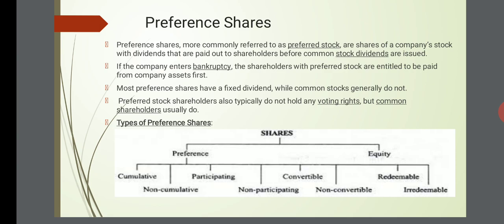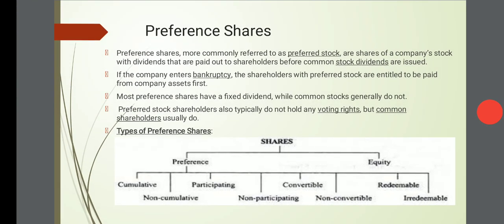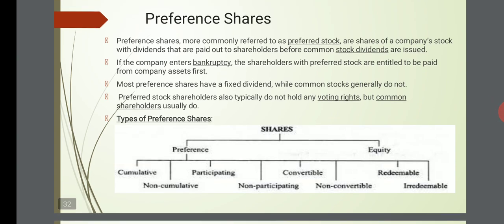Most preferred shares have a fixed dividend, while common stocks generally do not. Preferred stock shareholders also typically do not hold any voting rights, but common shareholders usually do.